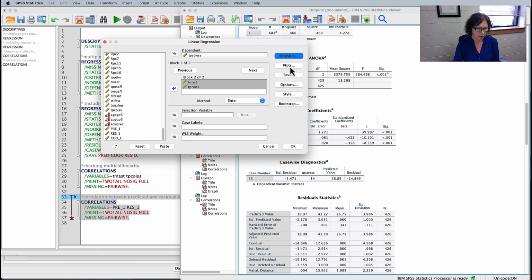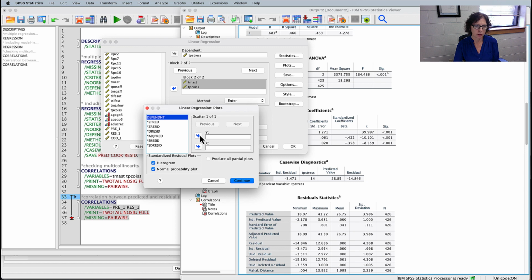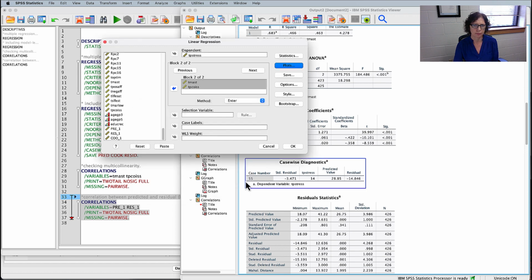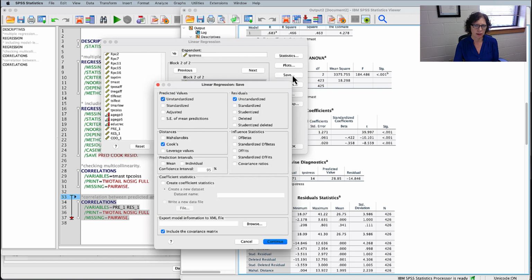In the plots section, we want the histogram and the normal probability plot. And then in Save, we're going to have the unstandardized predicted, unstandardized residuals, the Cook's D, and go ahead and get the standardized residuals as well.